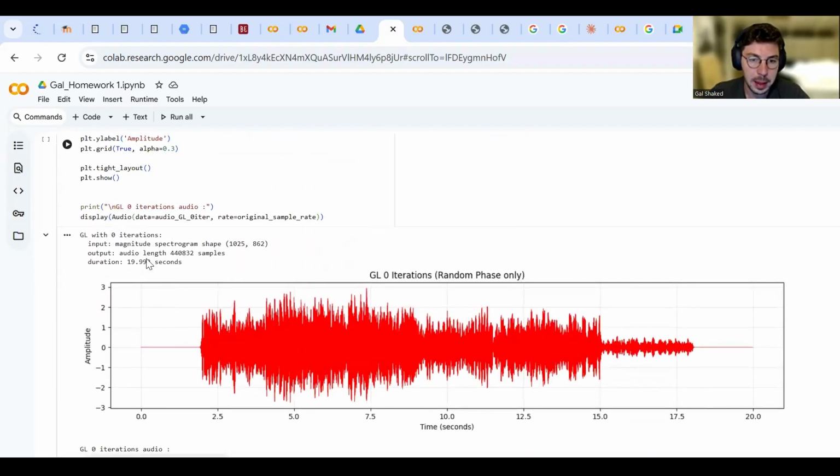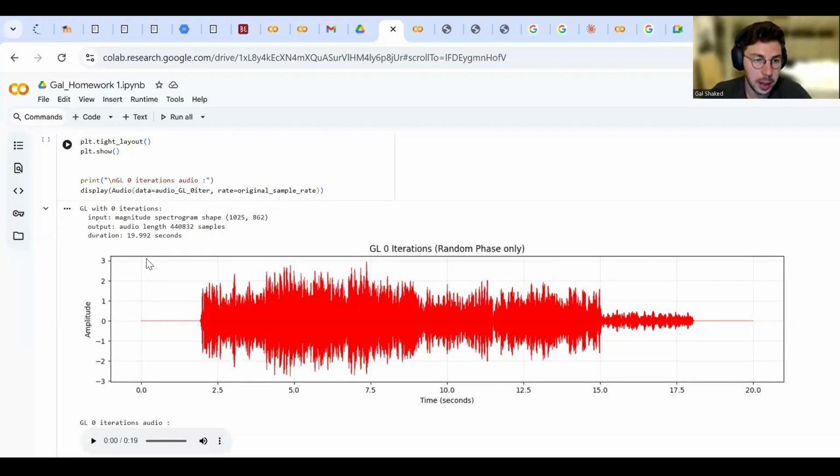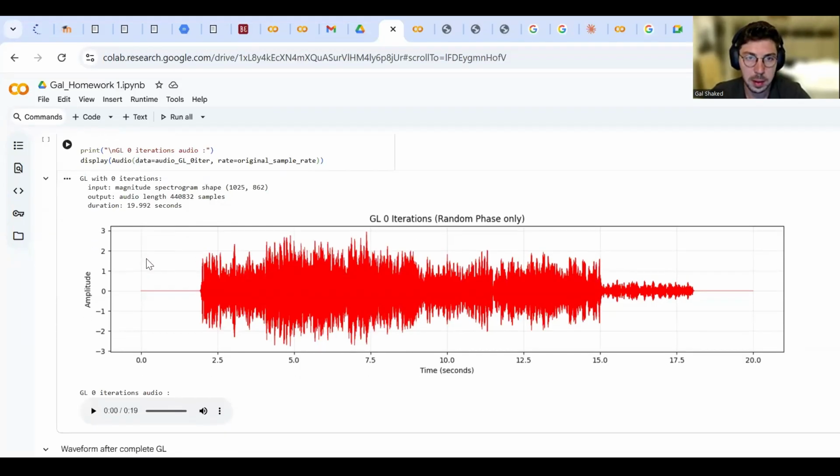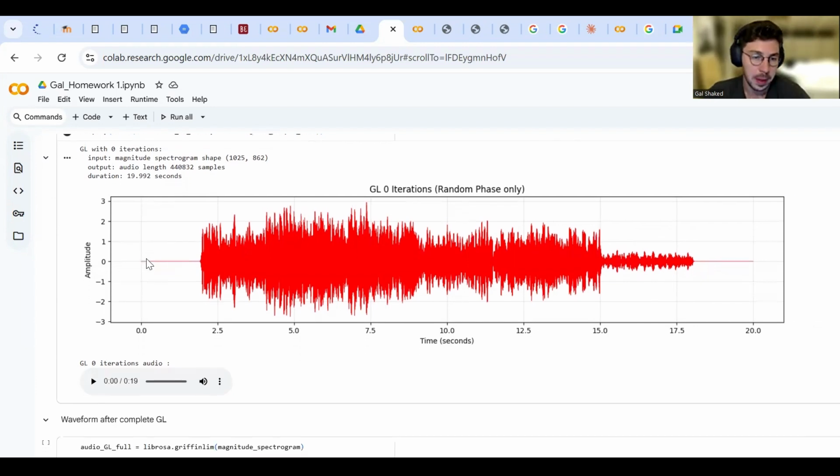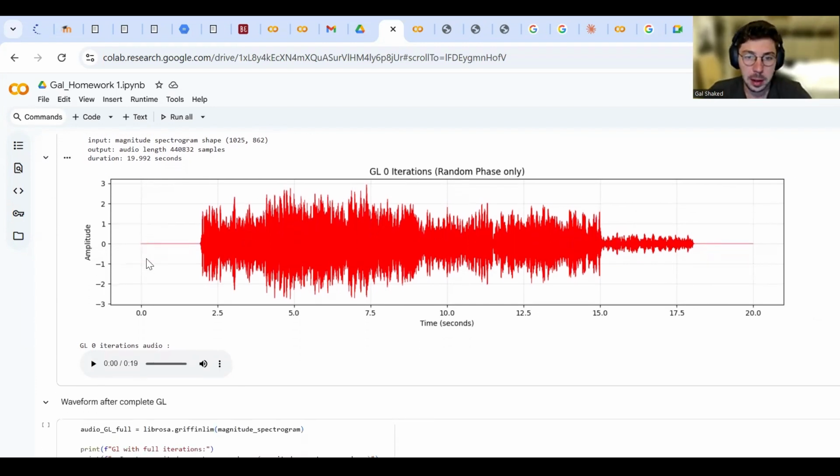Then examining the Griffin-Lim algorithm just after its random phase, namely the very first iteration, we can see that the waveform is very different in its structure from the original one. Mainly because we cannot assume that the phase of the signals composing the original signal is correct, and this is only random phase.